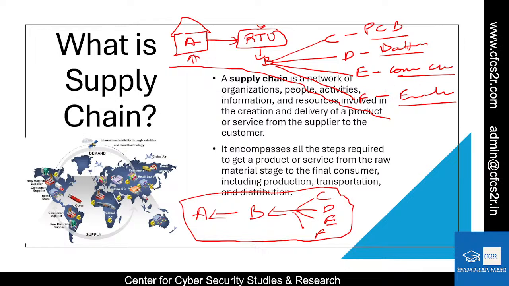The main objective is to provide services from the supplier to the customer, and the different entities coming in between are entirely called a supply chain.